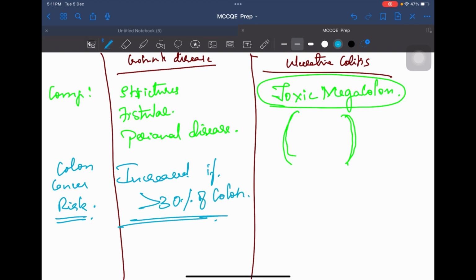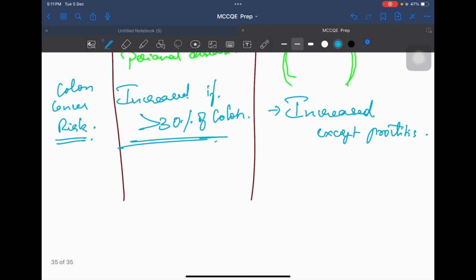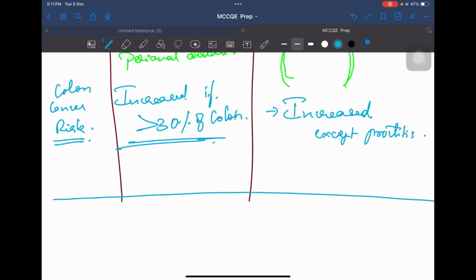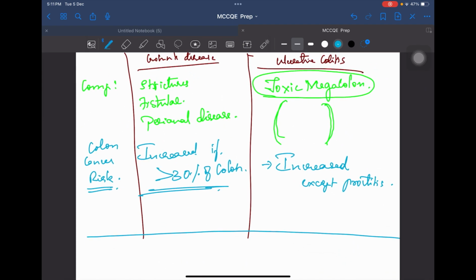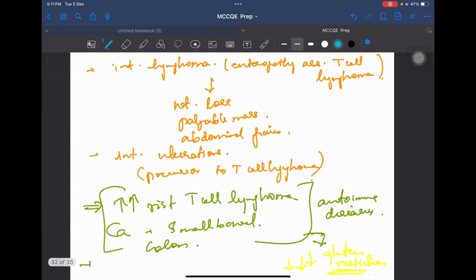If greater than 30% of the colon is involved, there is increased risk of colon cancer in Crohn's disease. But in ulcerative colitis, it is anyhow increased, except if the patient has proctitis. Okay. So this is about the differences between Crohn's disease and ulcerative colitis.